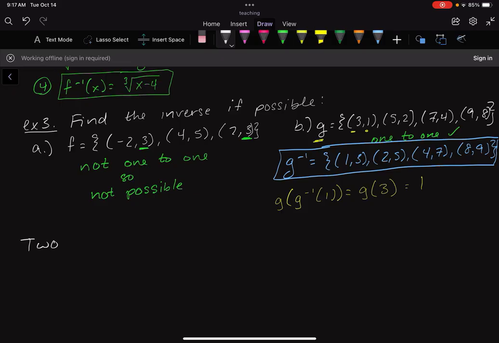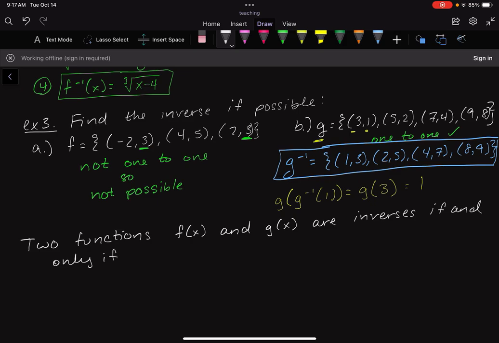It says two functions, f of x and g of x, are inverses if and only if, and if and only if is actually really strong in math, f of g of x is equal to x, and g of f of x is also equal to x.